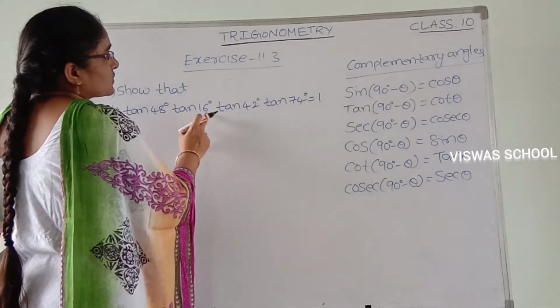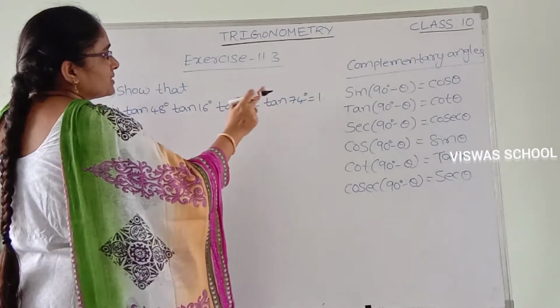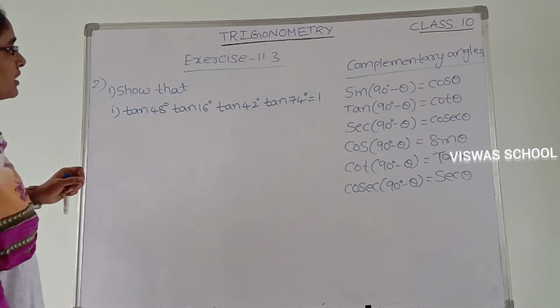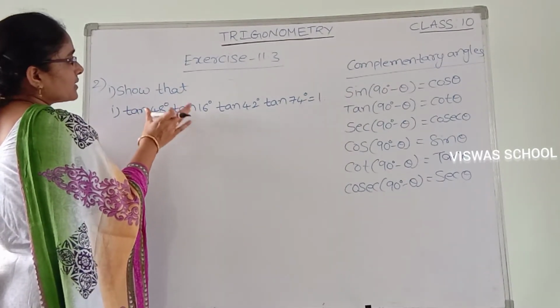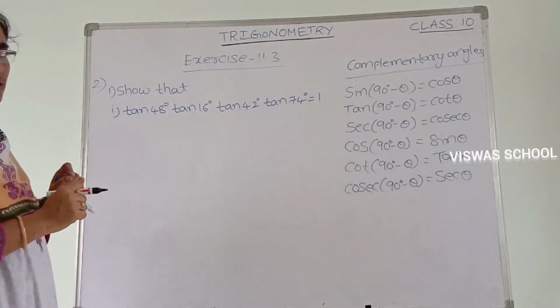And tan 16 and tan 74, 16 plus 74, is equal to 90. Then you can change this part, but you can change only one thing.